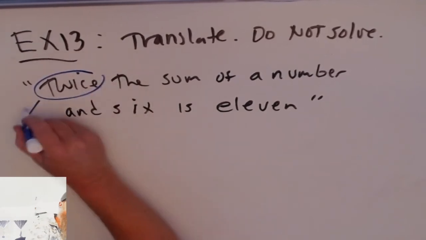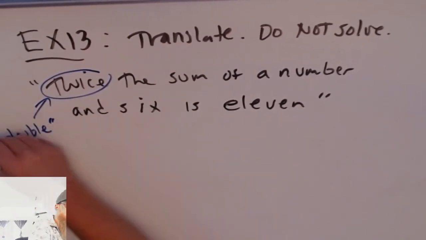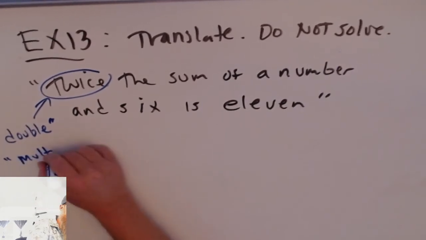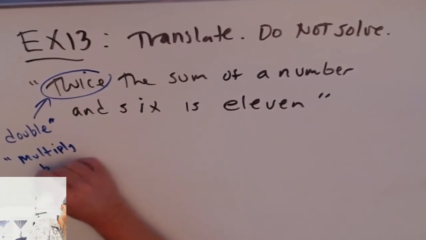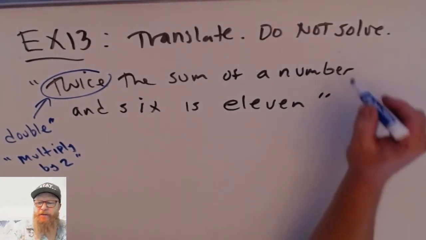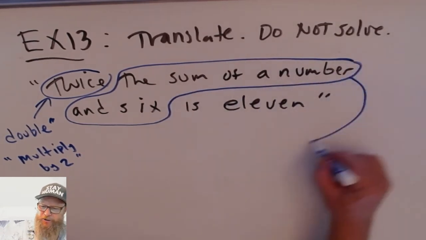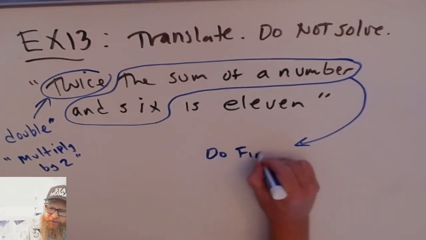So twice means the same thing as double, which means the same thing as multiply by 2. The sum of a number and 6. We're actually going to do that first.